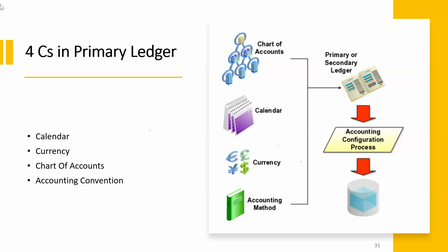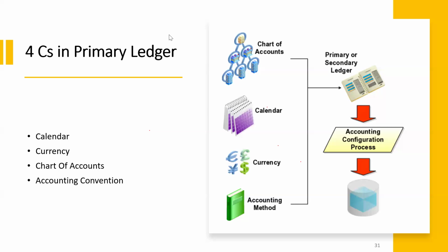I mean, this chart of accounts structure will be used from a reporting point of view, right? We can generate reports at the subledger level also. So what is the need of considering these as a segment in a chart of accounts? See, whatever chart of accounts you are configuring, this is not for one module, it is for the entire organization.